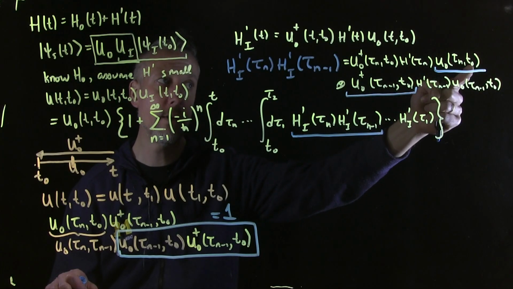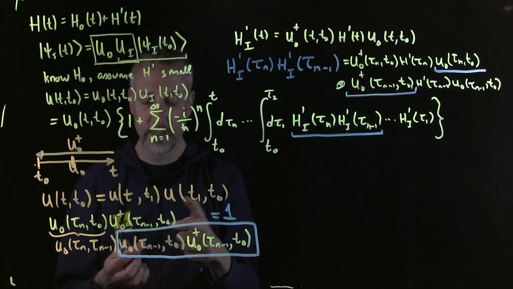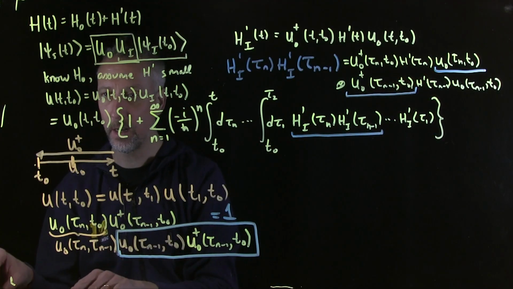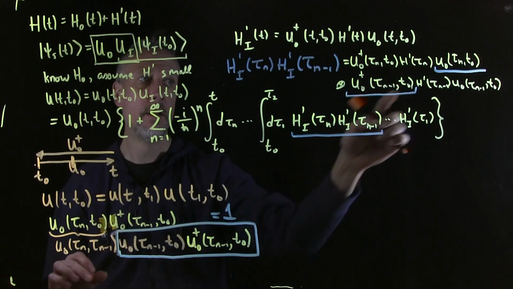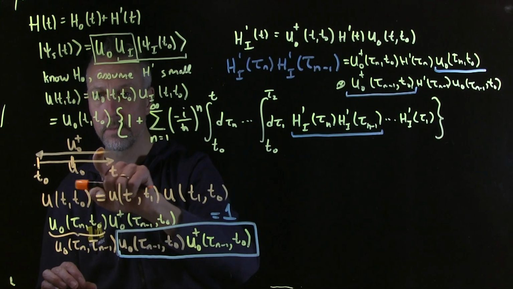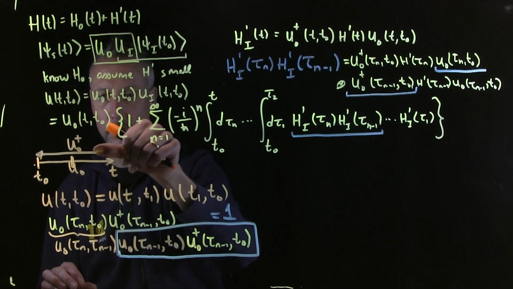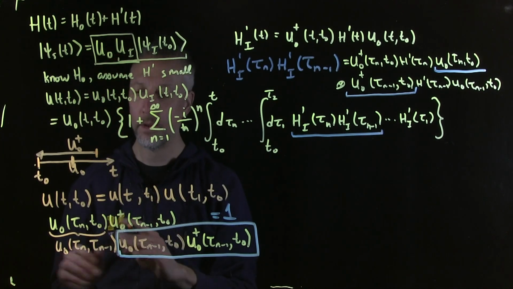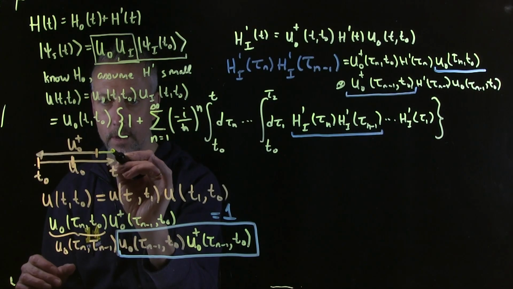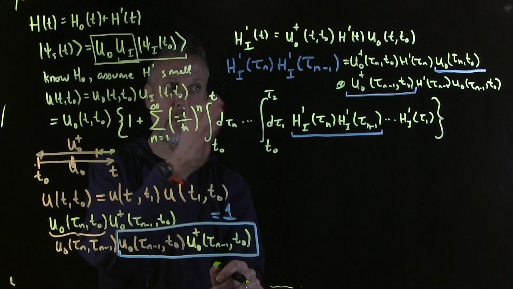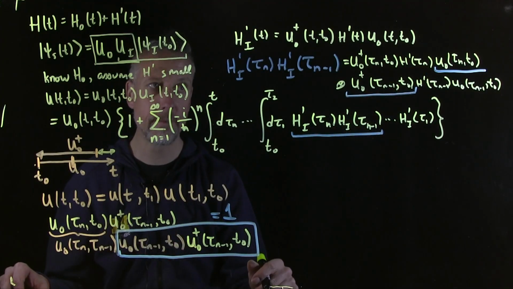And this one goes from t0 up to tau n. So really what we're doing is the difference between these two. All right, so it would look a little bit like this. This one goes back from, not all the way here, but here. Right, so from here back. So what we end up with is the net time evolution between these two. And what are these times? These are the times when the interaction, whatever h primed is, has occurred.